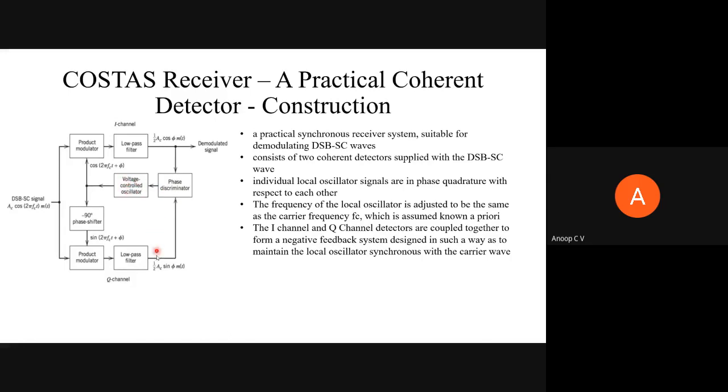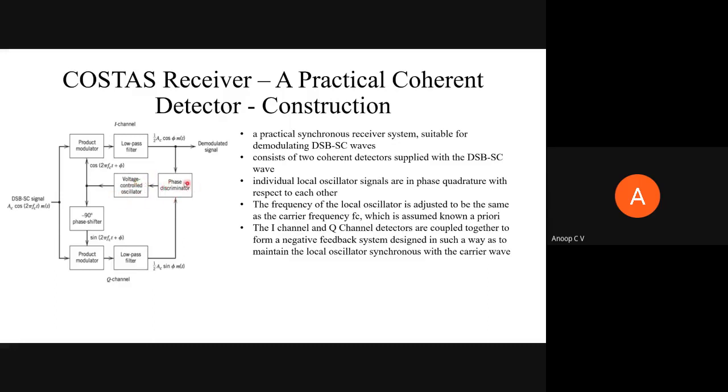The phase discriminator should be able to discriminate the phase difference between the I channel output and the Q channel output, or else identify what this phi is. I'll explain that in detail while explaining the working.